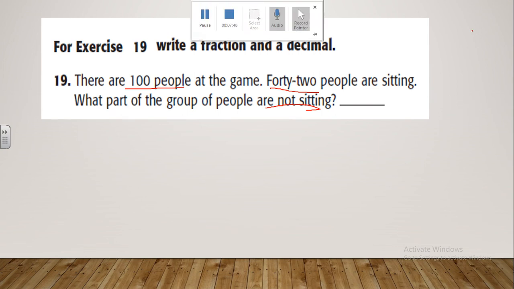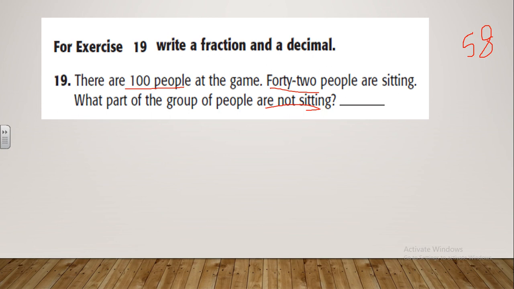So that will be 58, right? So we have 58 people not sitting, okay? So if I want to represent this number as a decimal, what should I do? Yeah, super. We will make a fraction. 58 is the number of what he asked, and the total here is 100. So that will be 58 over 100.